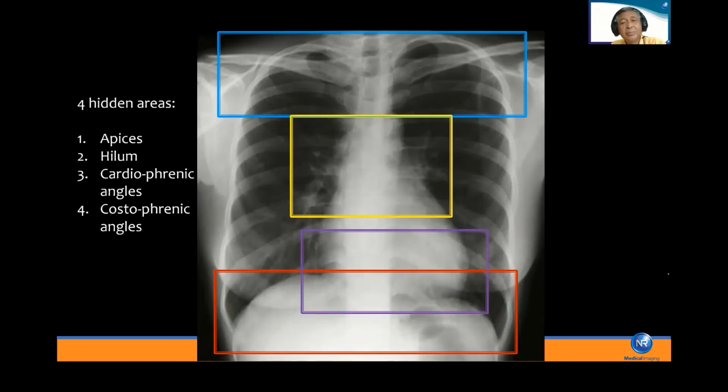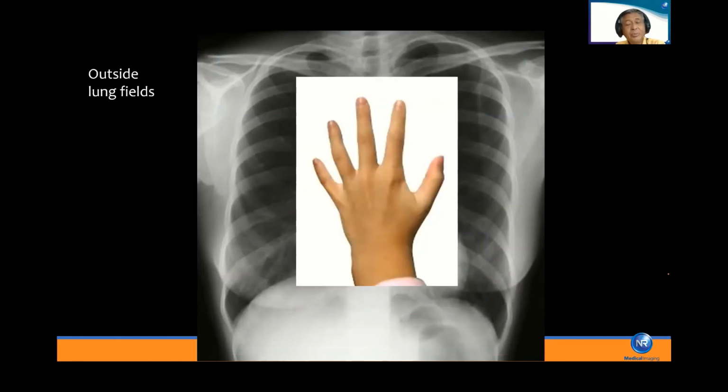Why do we do this? Because after we have had a big look at the mediastinum and lung field, we go back and look specifically in these areas so that we do not miss any pathology. If you do not go in and look again, although it's staring at you, you can easily miss it. Finally, I look at the area outside the lung field.